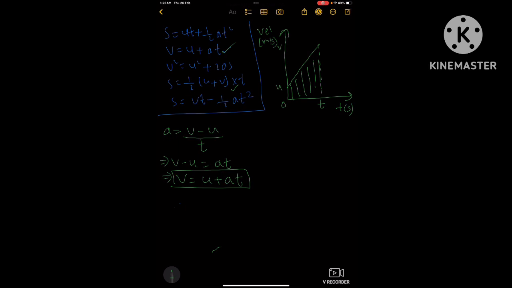So if I use the trapezium formula, which is 1/2 the sum of the parallel sides, u plus v, and this is the height, t. So the equation becomes s equals 1/2 (u plus v) t. So we have derived this equation formally.